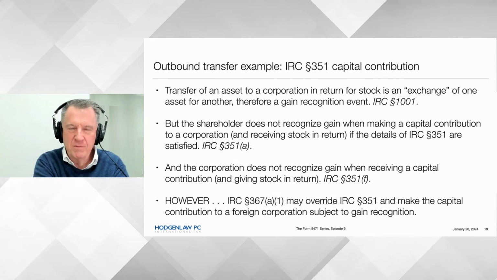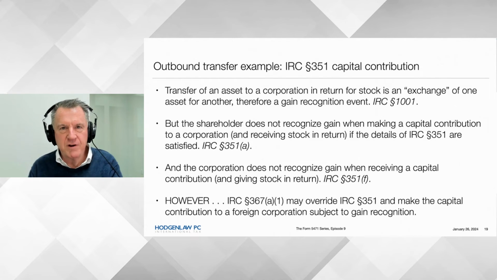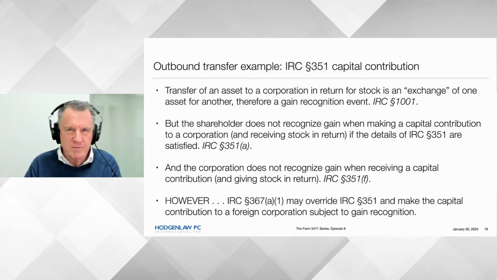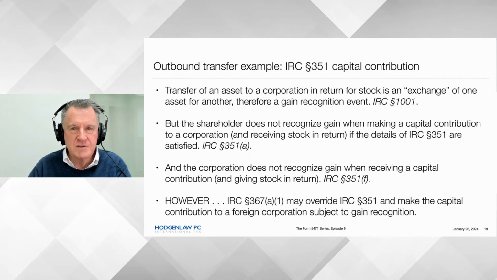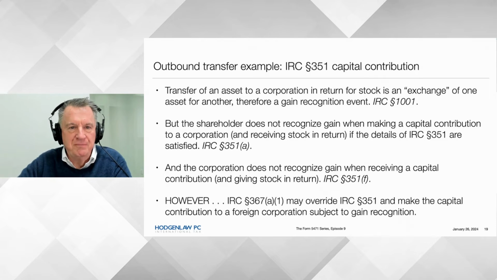If you start at the very beginning, you understand where Section 351 comes into the equation. And if you just start with 'I'm going to form a corporation tax-free,' and you don't understand the why behind it, you will be led astray, particularly in this area when you see how Section 367 comes into the game.